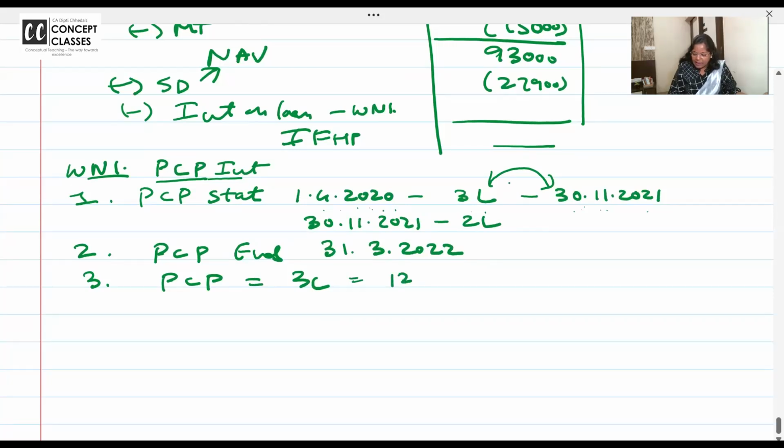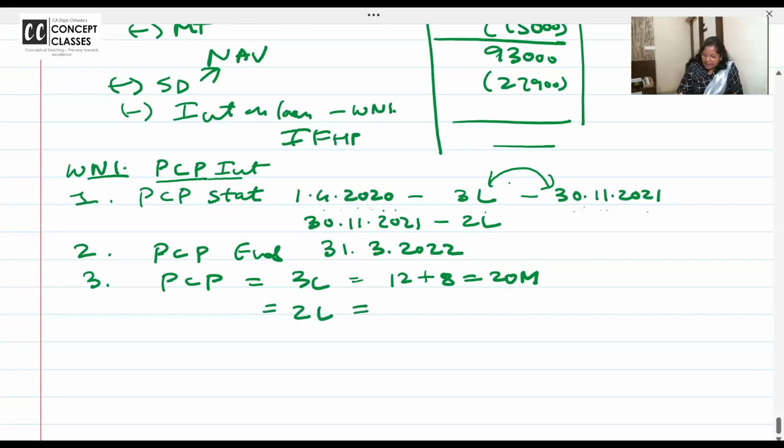April 20 to April 21, 12 months, plus 8 months: April, May, June, July, August, September, October, November. 20 months. I'm repeating again: for the 3 lakh rupees loan, the loan is repaid first, construction is over later, so whichever is earlier.